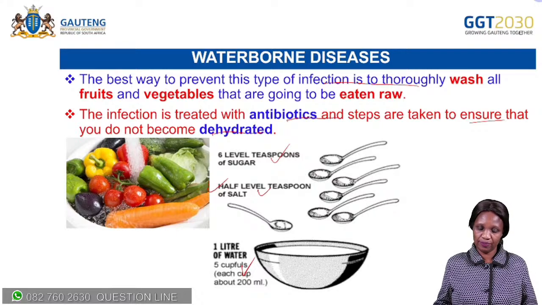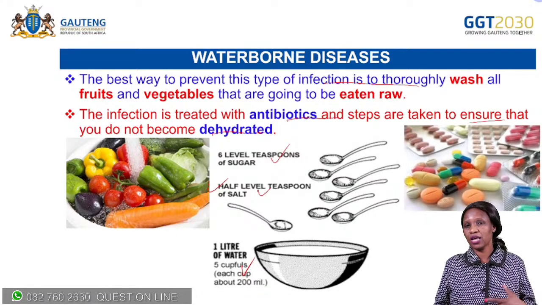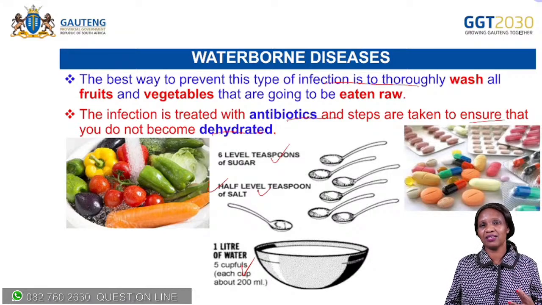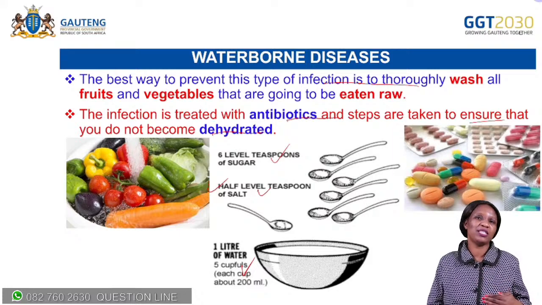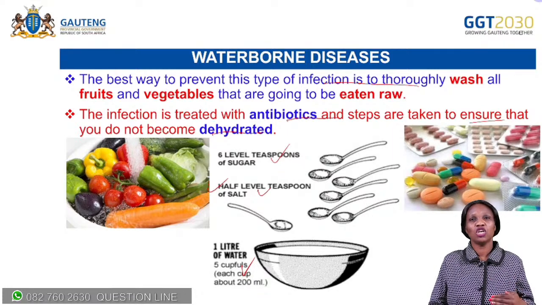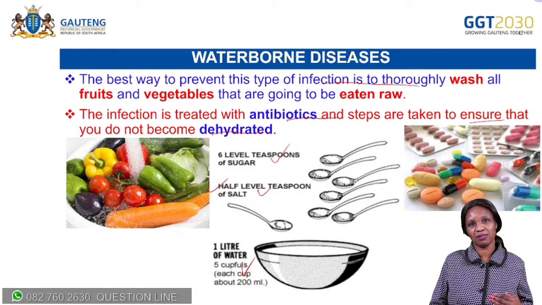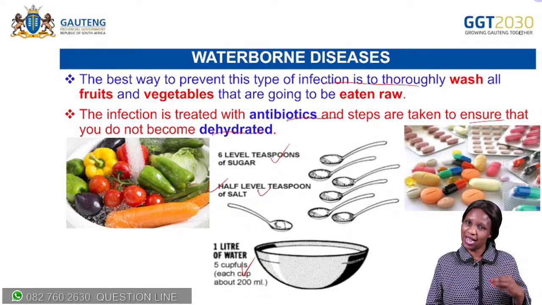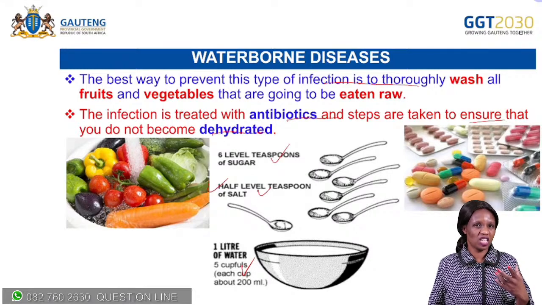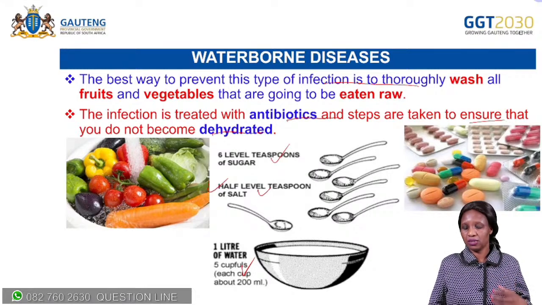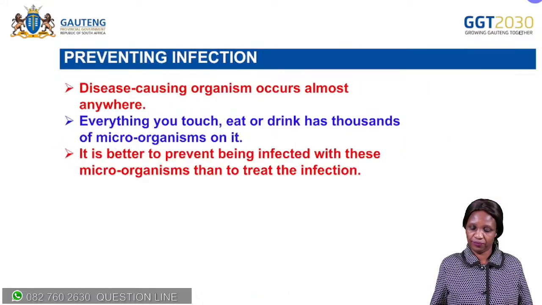Let's move on. We also have different medication. When we go to a health center, you'll be given different types of medication so that you will not suffer from these diseases, so that you'll rehydrate yourself and even control or even kill the diseases that we have.